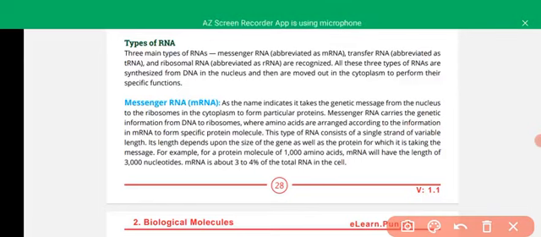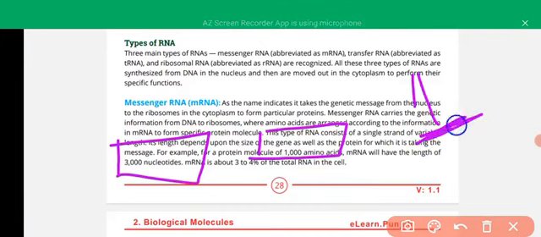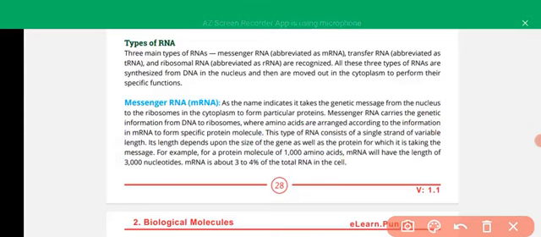Like if there are 1000 amino acids to be converted into protein, then the nucleotide sequence should be of three nucleotides for each amino acid. This is a small percentage, only 3 to 4% of the RNA.